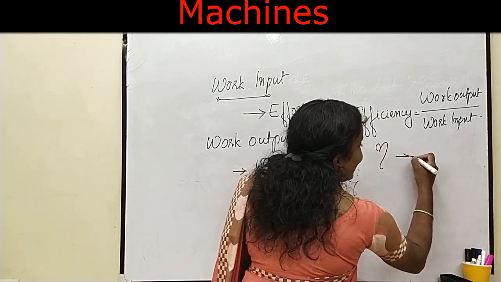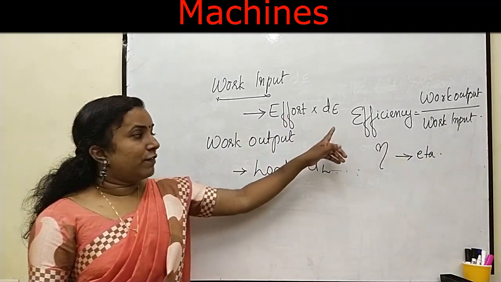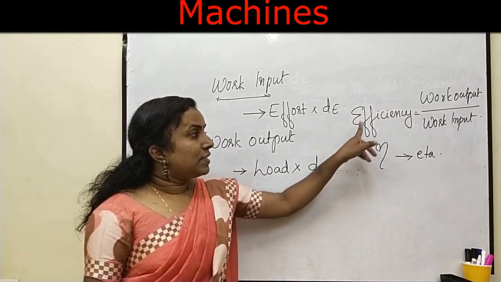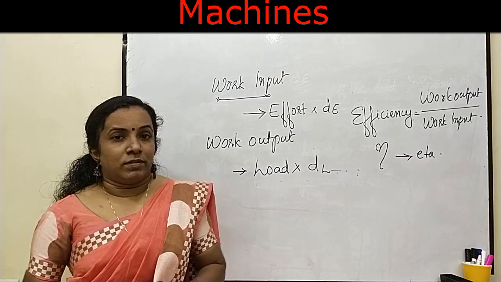This is called eta. Symbol of efficiency is eta, and the efficiency is work output by work input.